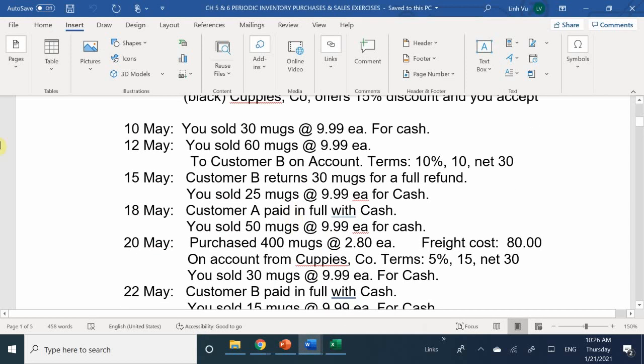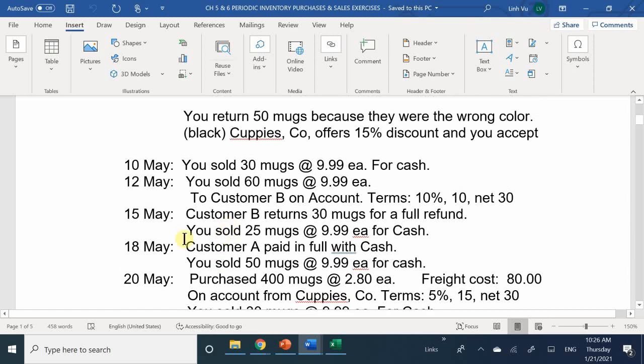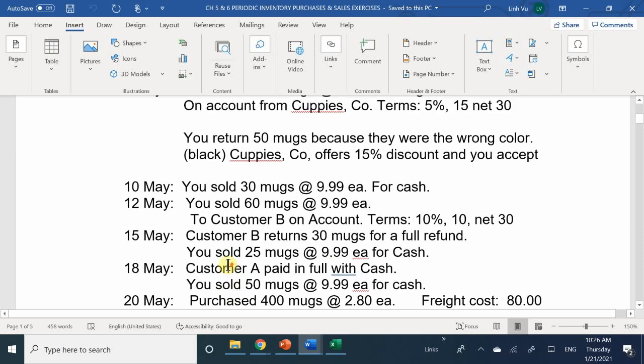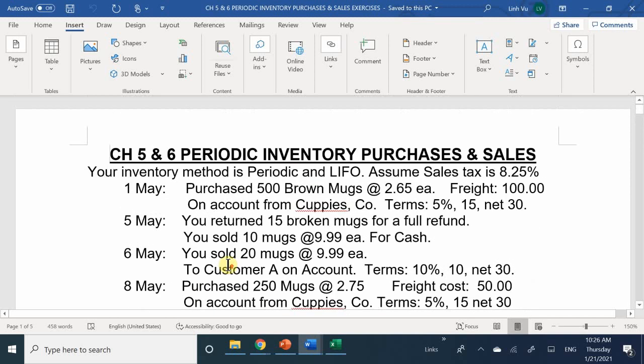Okay, so then on the 18th of May, customer A decides to pay in full with cash. So let's look at customer A. What did customer A even purchase from us? Well, let's look. They purchased 20 mugs from us, and we gave them terms of 10, net 30.